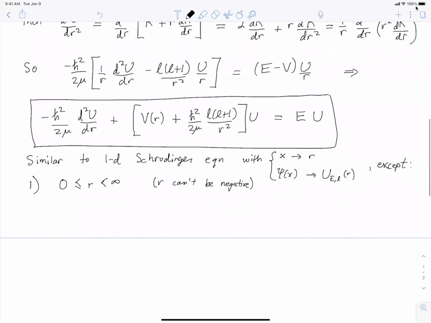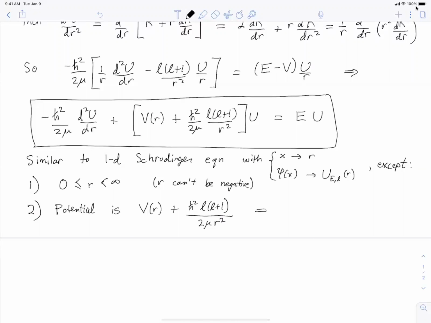So that's one change, and the second change is that the potential is modified. The potential in this one-dimensional effective problem is V of r plus an extra part that's dependent on the angular momentum. If the angular momentum is 0, this extra part won't be there. But otherwise, it goes like 1 over r squared.